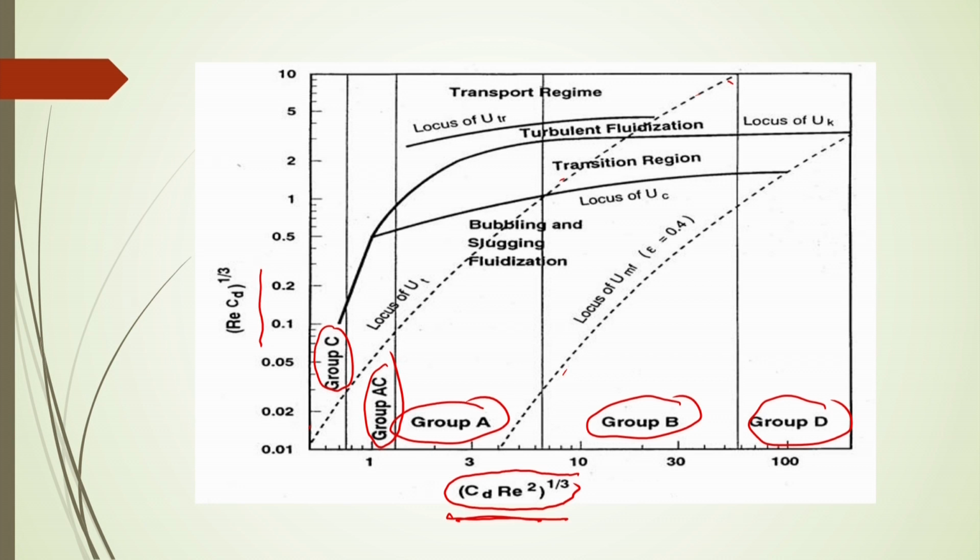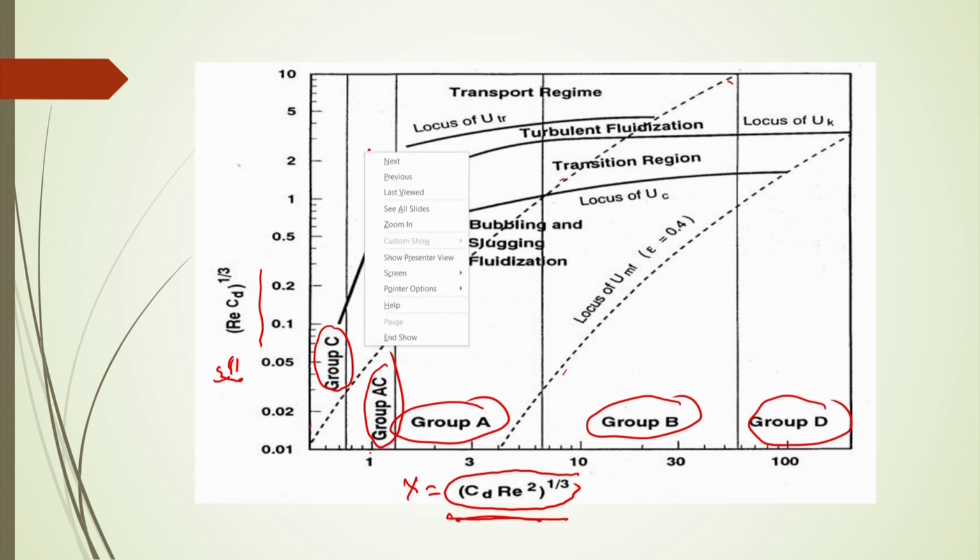Now, if we consider any group C particles here, if the value of this x is equal to this, and y is equal to this, then you will get this value for a particular x equal to 1, and then what will be the flow regime you may expect here.